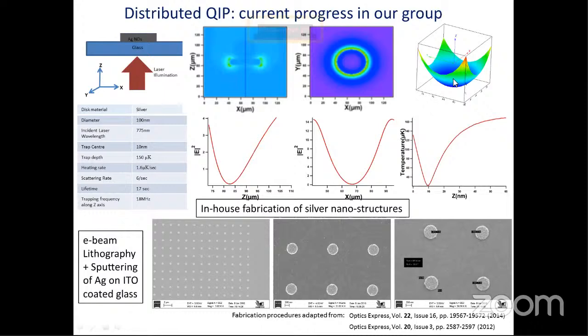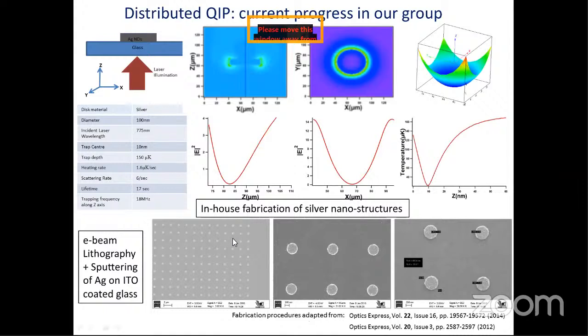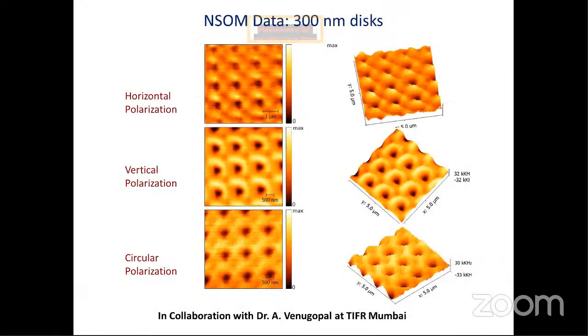So we are going to trap individual single atoms near this plasmonic nanostructure. That's the plan. And these are the images of these concentrated optical light fields. In the dark regions, we would like to trap atoms. These experiments are ongoing now. We are going to trap neutral atoms very close to these nanostructures, which are shown here, and then we are going to build an elementary quantum network between these atoms.